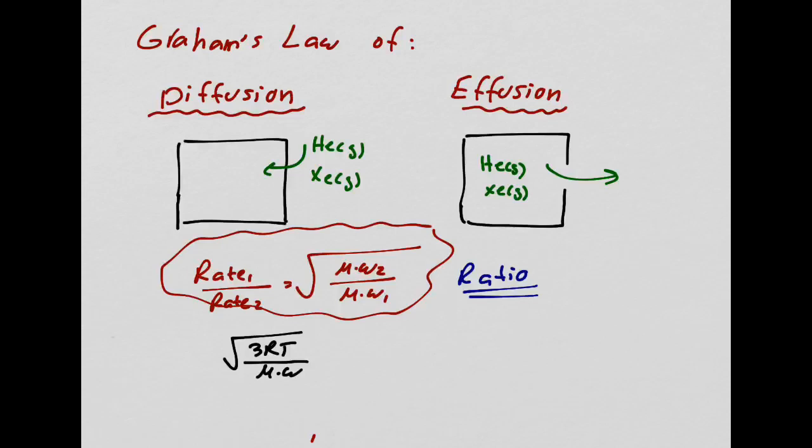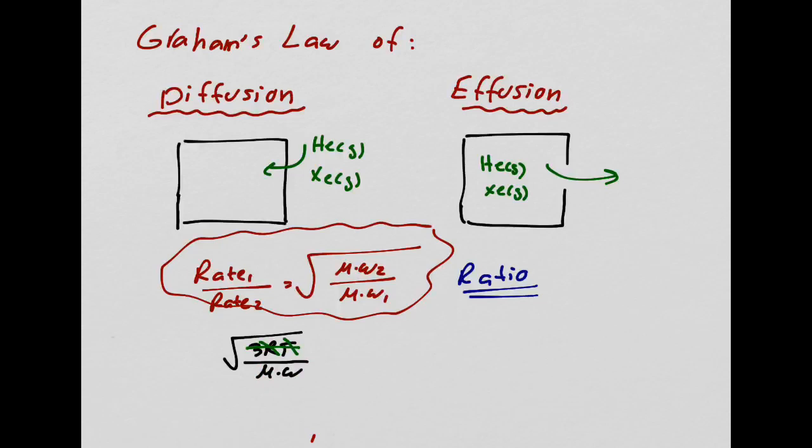If I have two gases in a box, because they're in the same room, they are going to have the same temperature, right? So the temperature can cancel out and the R can cancel out because it's a constant. So then if this goes away, basically what it depends on, when I'm talking about which gas is going to diffuse or effuse faster, it will just be comparing the molecular weight. Molecular weight is the only part that is going to be left over.